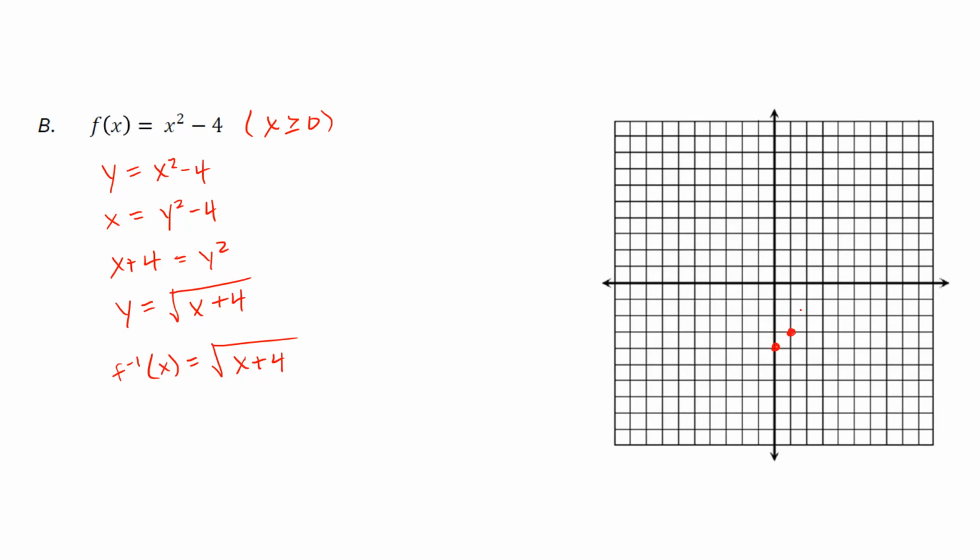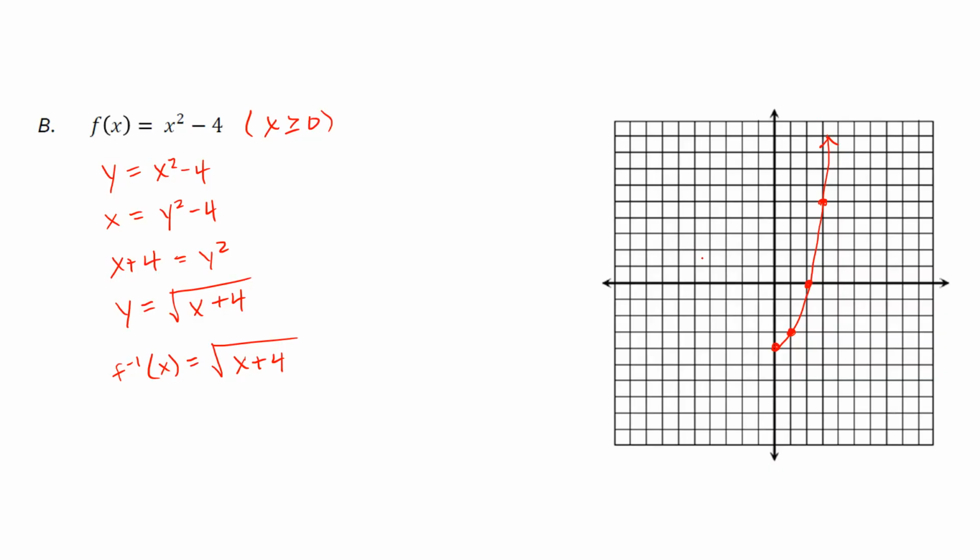If I plug in 2, I'll get 0. If I plug in 3, that'll be 9 minus 4, which is 5. If I plug in 4, that would be 16 minus 4, which is 12, and that's off of my table. So let's connect these points. All right, so those are all the values where x is greater than or equal to 0.